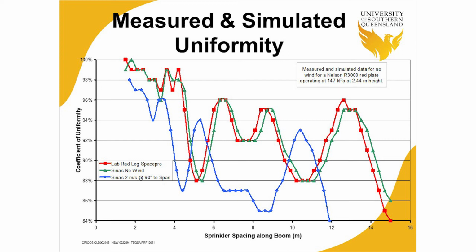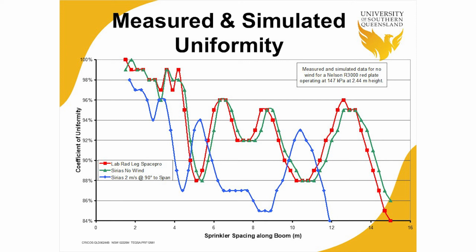The red and the green line are those that occur from measured and simulated results there, occurring under a no-wind scenario. And then with the ballistic modelling capability we've actually generated the information associated with impact under wind, when we've actually got wind blowing across the centre pivot itself.